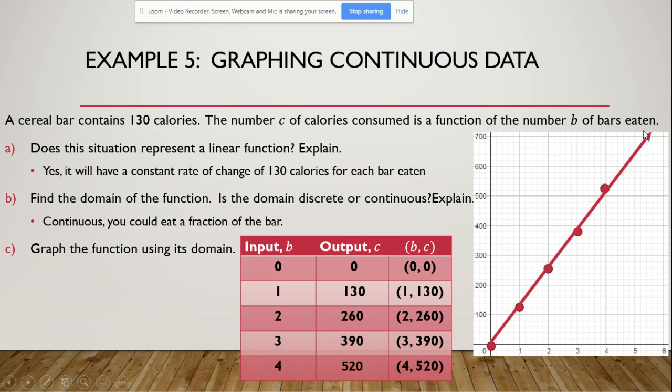And it can keep going up. I mean, I can certainly eat way more than 6 bars. So this line is going to go on. It would certainly have a limit. I don't know what that limit is for how many cereal bars the human body can consume. But I'm sure there's a limit, but there's no need to put that limit into this graph.